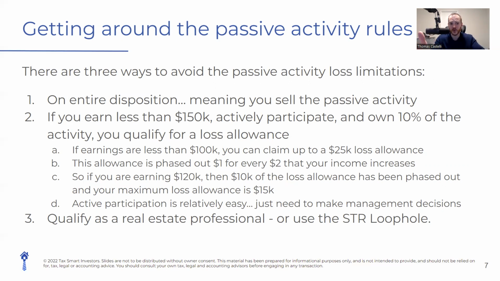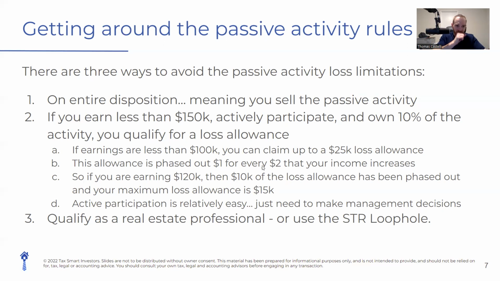The problem with this first option is that the way the markets ran up over the last 10 years or so, I haven't seen it too often, honestly, come up where you're actually able to take losses from your rental property, because all the losses are typically used to offset the gain on sale. So while it's possible to happen, it's really not practical and not something you can rely on to reduce your taxes.